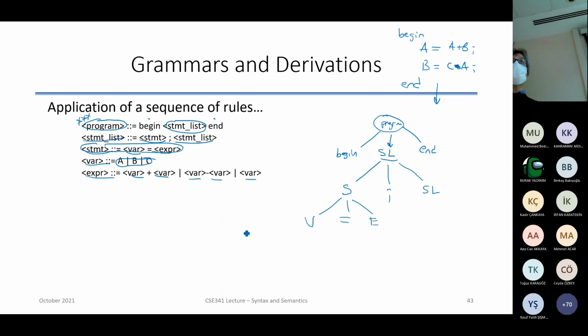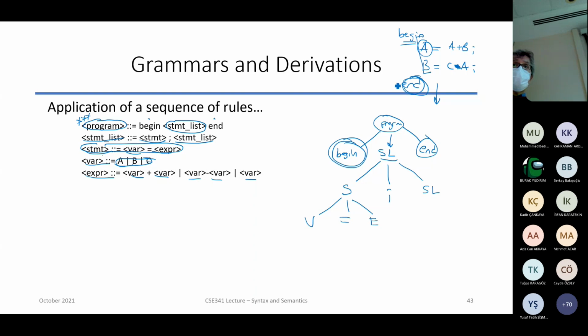We are going to see that this is not going to be possible always. So variable can be either A, B, and C. B or C will not work because I cannot consume this guy here. So you can see that this begin already matched with this one. This is fine. And this is matching with this one. This is fine. I have this in-between thing.